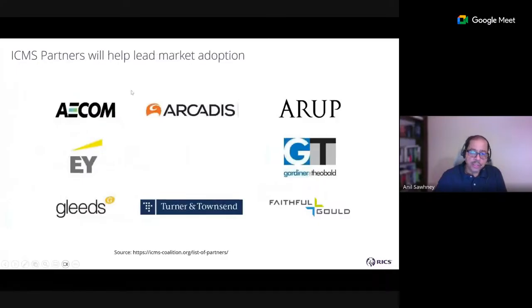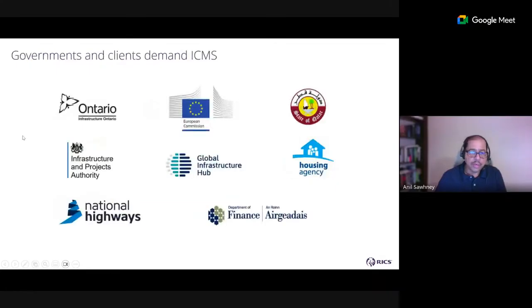We have industry partners, so major global cost consulting and general consulting firms are supporting this standard, and there are many more. This is just an example of the market adoption. Several governments and clients are supporting ICMS also. The national highways in the UK are supporting the ICMS standard.